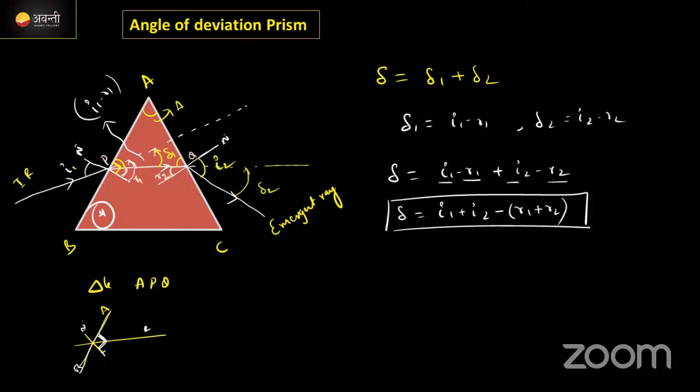But we know this angle, that is R1. Then this total is 90. We need angle A. What is it? Subtract R1 from 90.